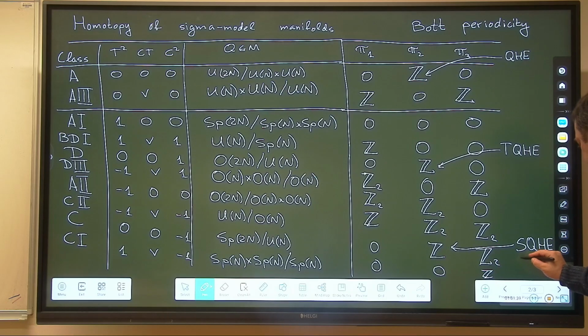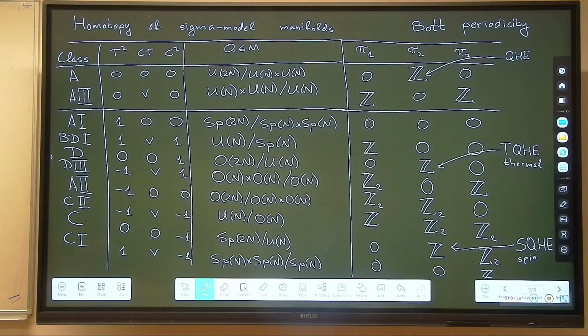S stands for spin, and T stands for thermal. And they both happen in some superconducting classes, so it's quite strange objects.